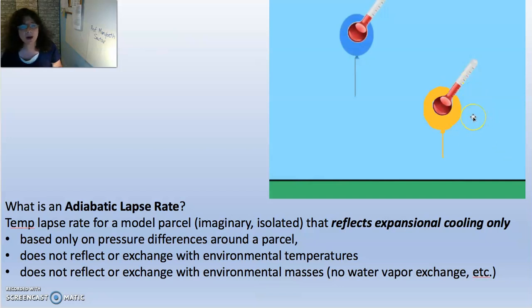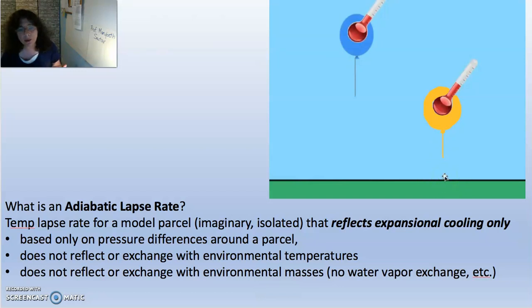We are not going to be exchanging energy or heat with the environment because we have this imaginary surface between us and the environment. We are not going to be exchanging molecules of water vapor or molecules of ozone with the environment because we have this surface that has sealed in air that started at the surface.